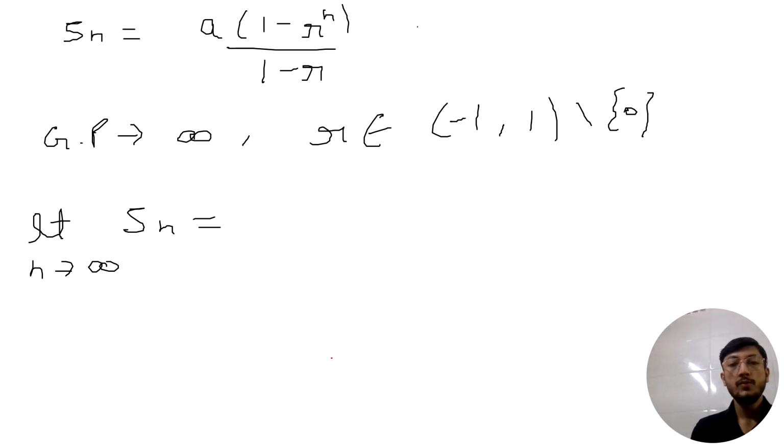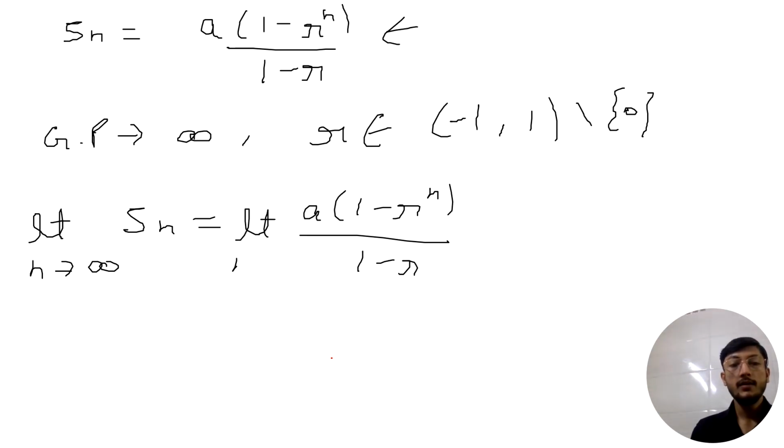So what was my formula from here? It is a(1 minus r^n) divided by 1 minus r, and I take the limit as n approaches infinity. Now, as in the given condition, we know r lies between -1 and 1, so basically it is a fraction.